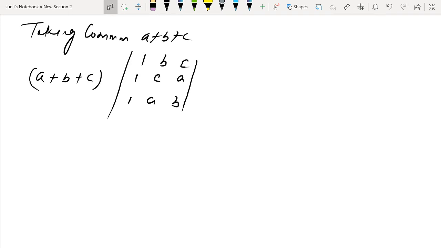Now let us make two zeros here. R2 minus R1 on R2, R3 minus R1.